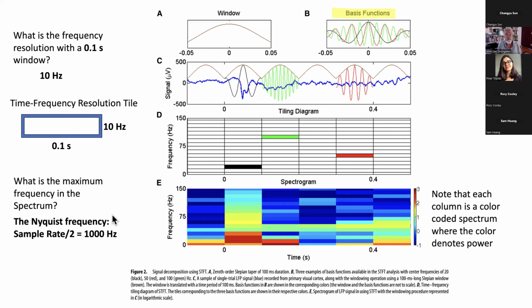By the way, of course, they are not showing you the whole spectrum, because they sample at 2000 hertz, so the spectrum would move up to 1000 hertz, and they are not going to display that, because for the LFP that is not the most relevant part of the spectrum.